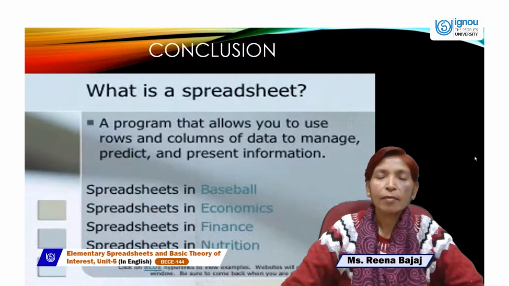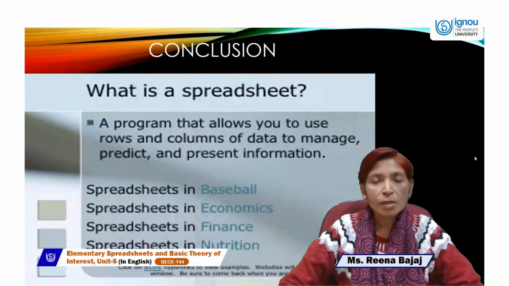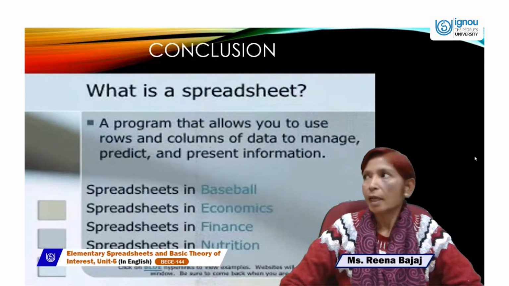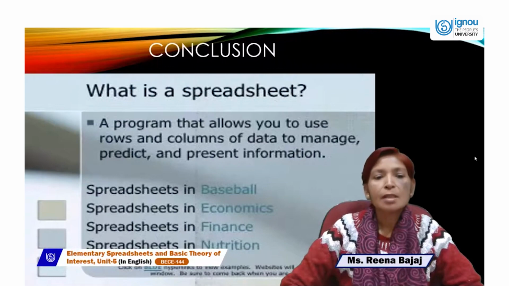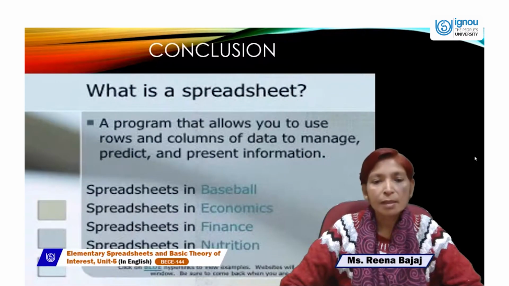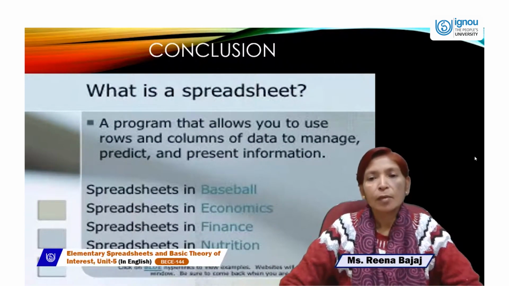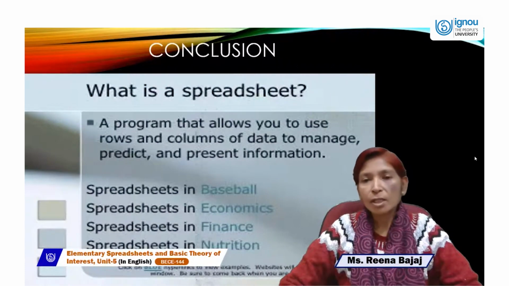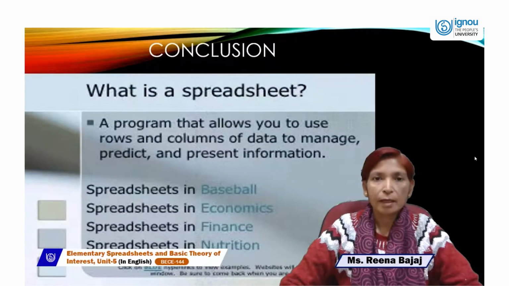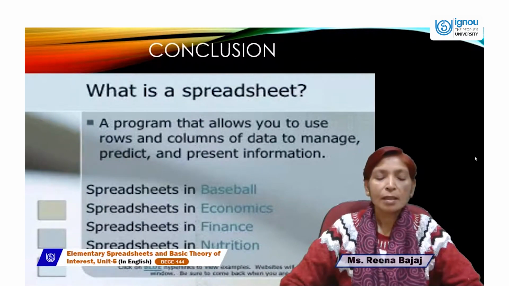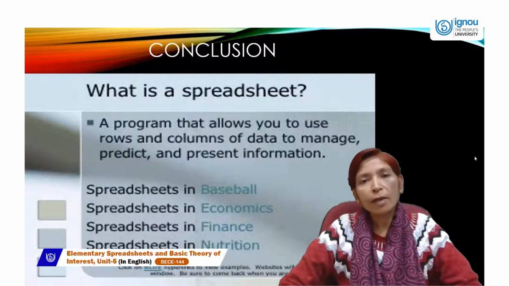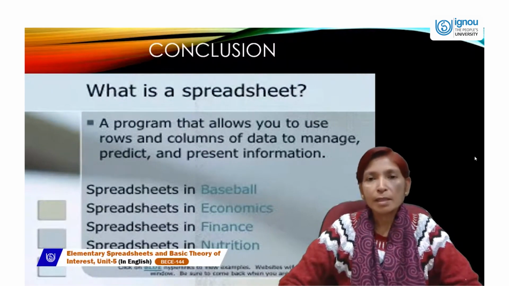In each and every field we can use this spreadsheet program, like spreadsheet in baseball, spreadsheet in economics, spreadsheet in finance, spreadsheet in nutrition. So the spreadsheet program or Excel we can use in this financial economics. And lastly we have discussed in today's session the time value of money, and this is the basic term of interest.